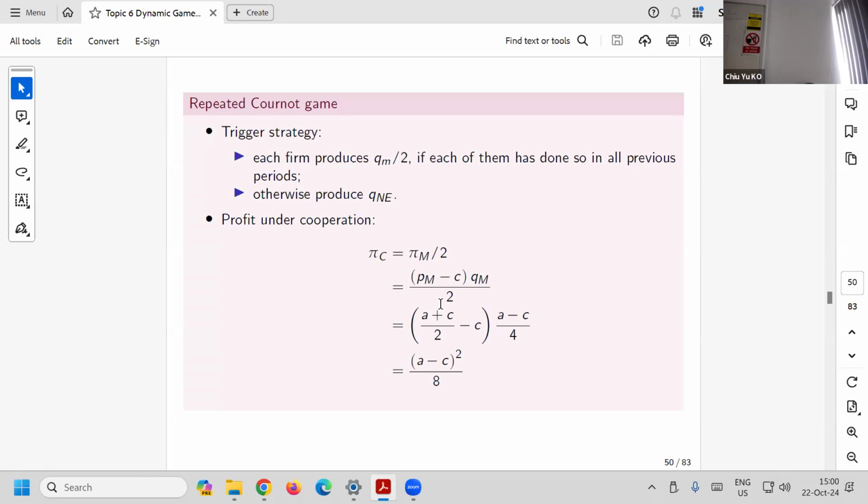So basically, we just reduce the game to a prisoner's dilemma. Although it's complicated, we reduce it to a prisoner's dilemma like this. They will collaborate or defect. When both collaborate, every firm will get monopoly profit over 2.